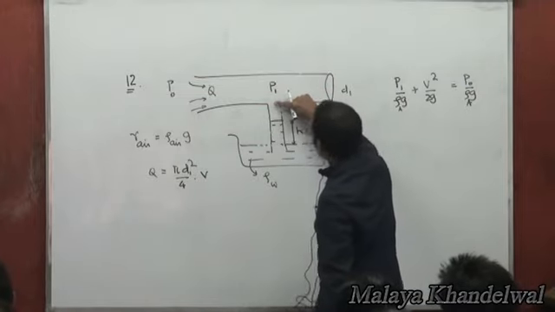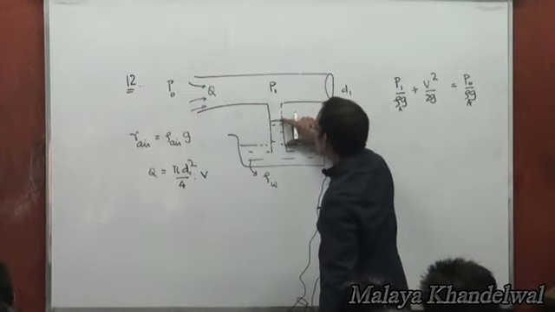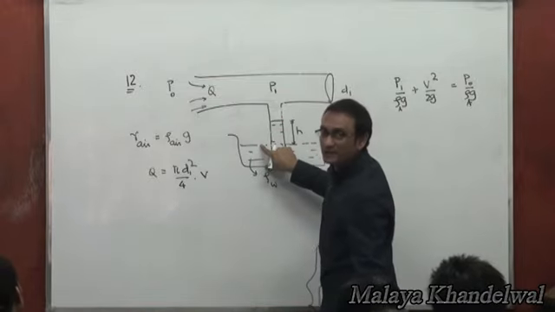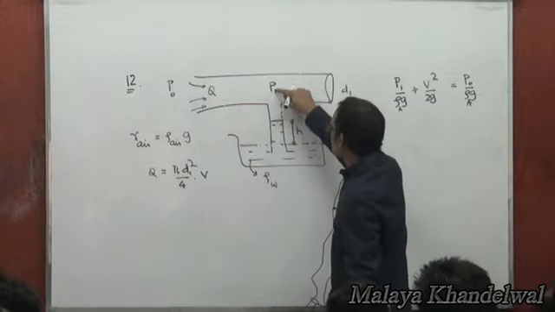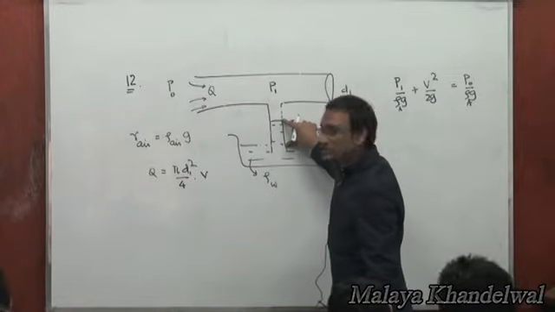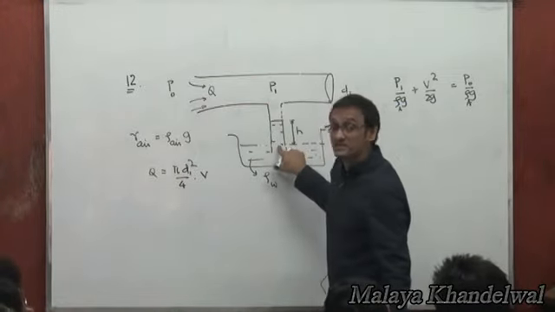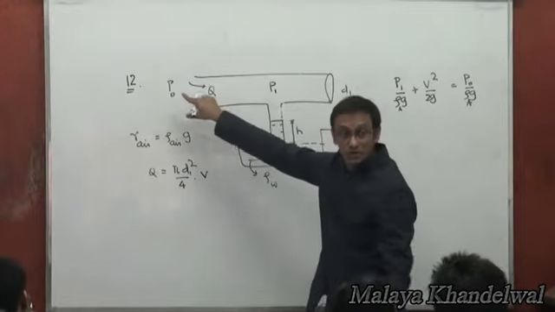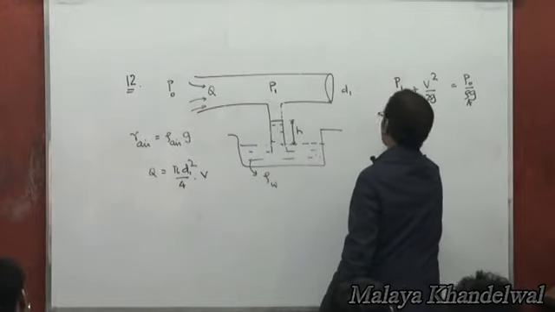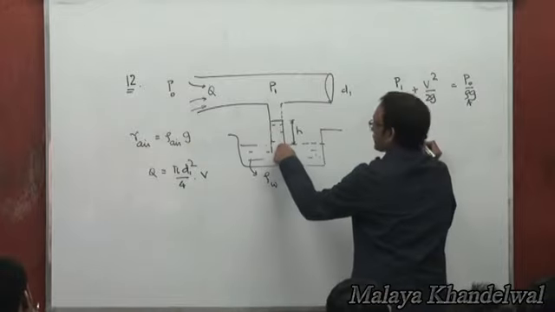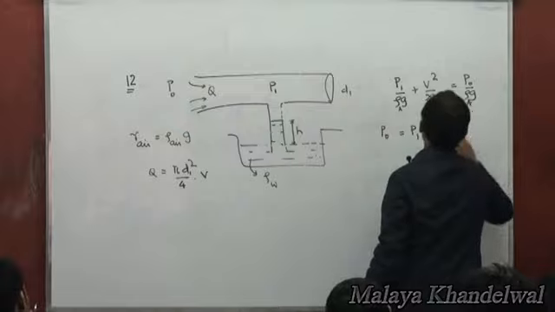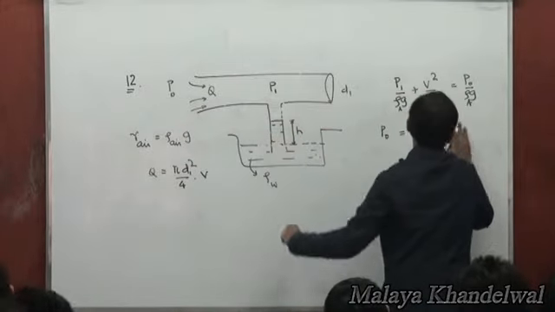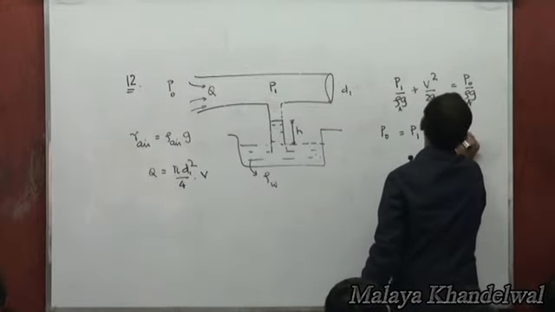Now, the pressure here plus rho g h must be P atmospheric. What's the pressure at this level? P1 plus rho g h must be P atmospheric, which is P naught, where rho now means rho of the liquid, rho of water.